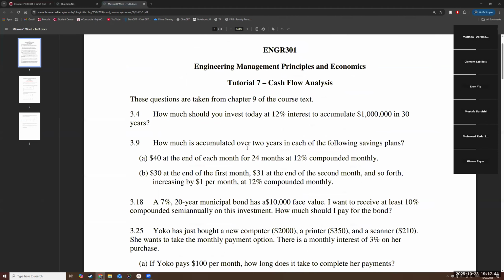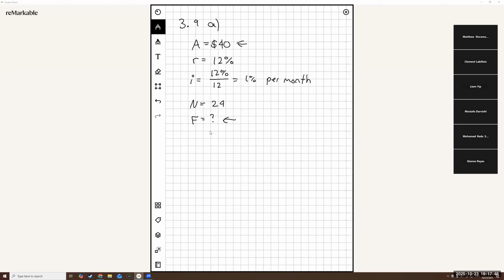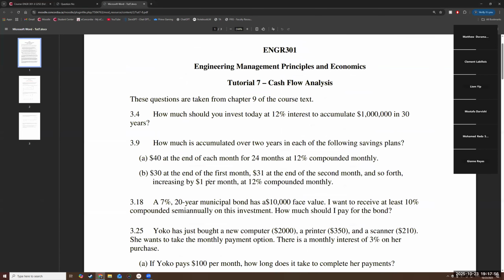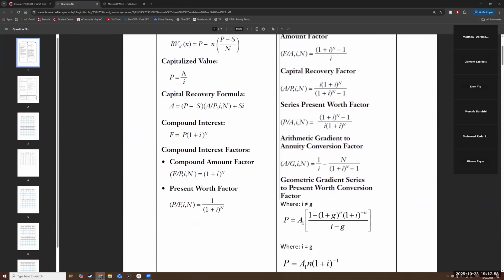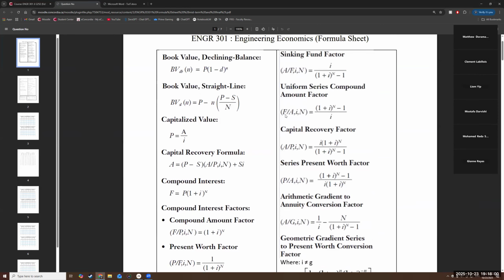Okay, so back to what we have here. We have an A value, right? And we are looking for an F. So we need a formula that converts A to F. So what are the letters we should look for? We should look for F slash A, right? So that's what we're going to look for.